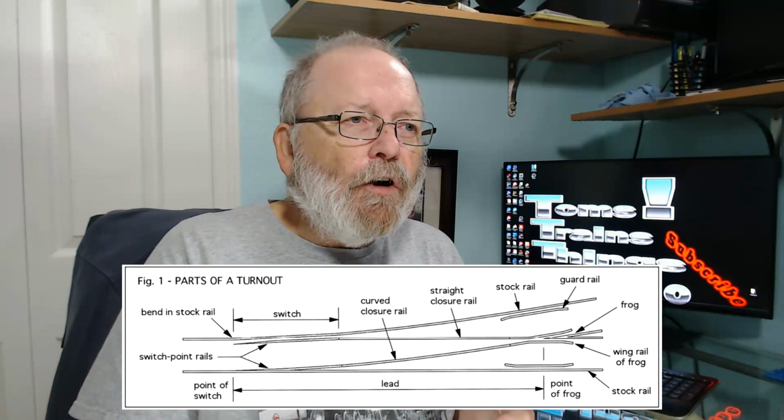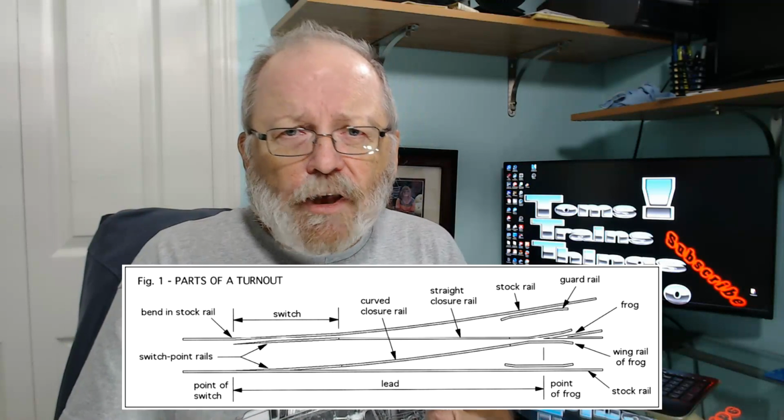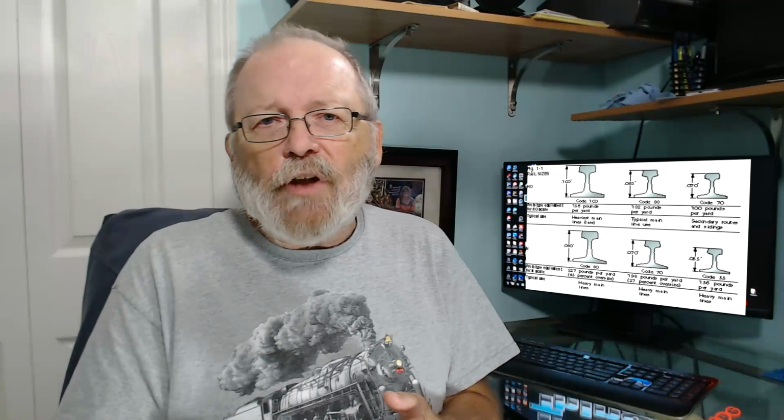Now, there are parts of the turnout that I'm going to show you on the computer here, and we're going to go over that, and also the code for the rail. There are different codes on different scales. I'm just going to talk about N scale and HO scale. In HO scale you have 70, 83, and 100.